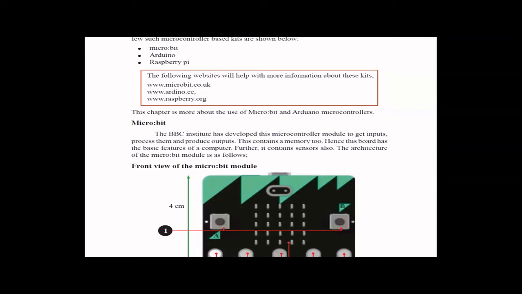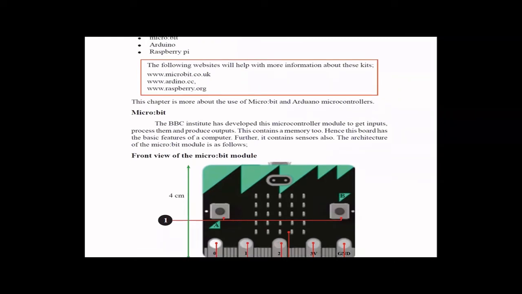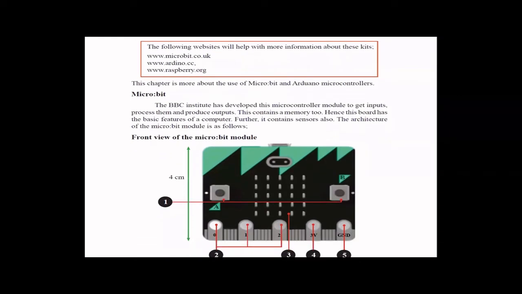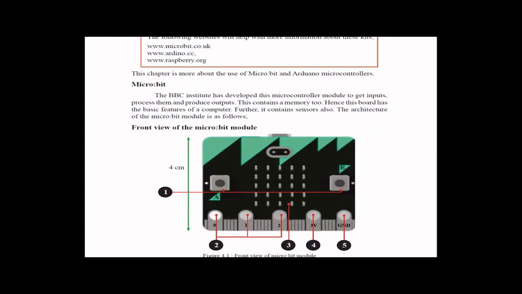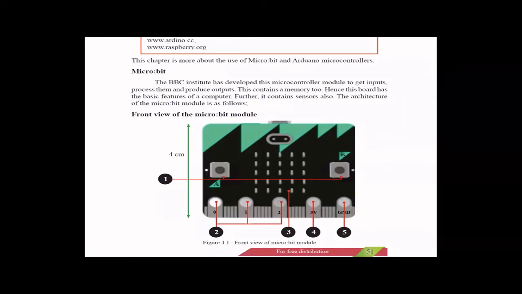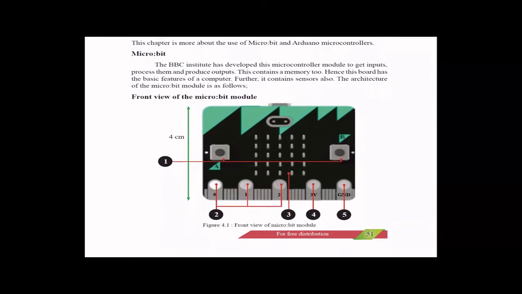It has a memory, right? Actually, this board has the basic features of a computer. And it also has sensors. That's the most important thing. Because if you think about the Arduino UNO board, it does not have these sensors, right? Then we have to buy the sensors separately. But this one actually has the relevant sensors also.